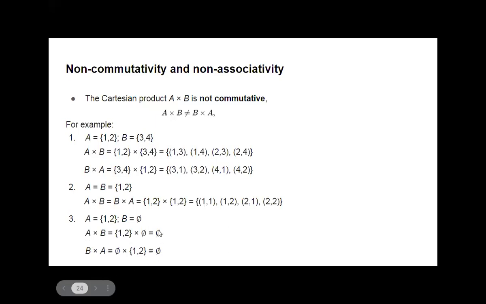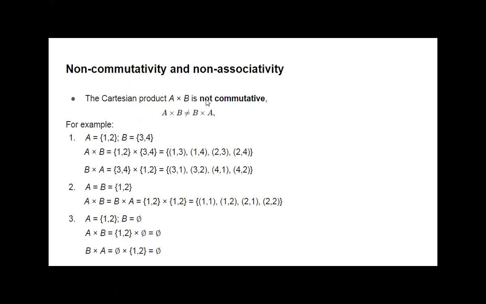So in this case also, one of the sets is a null set. If we have given two sets and one of those two sets is ϕ, ϕ means null set, then also A cross B is equal to B cross A. A cross B not equal to B cross A means the Cartesian product of sets A and B is not commutative.